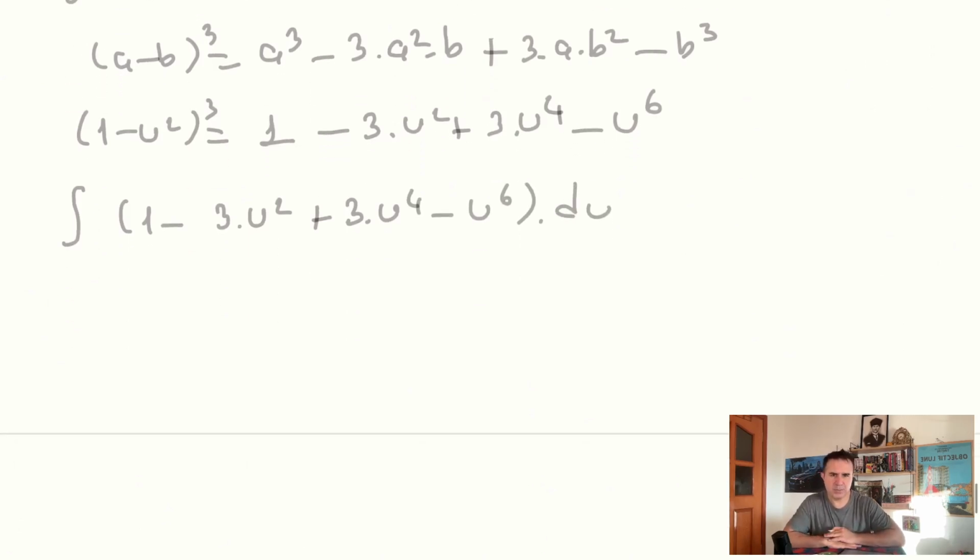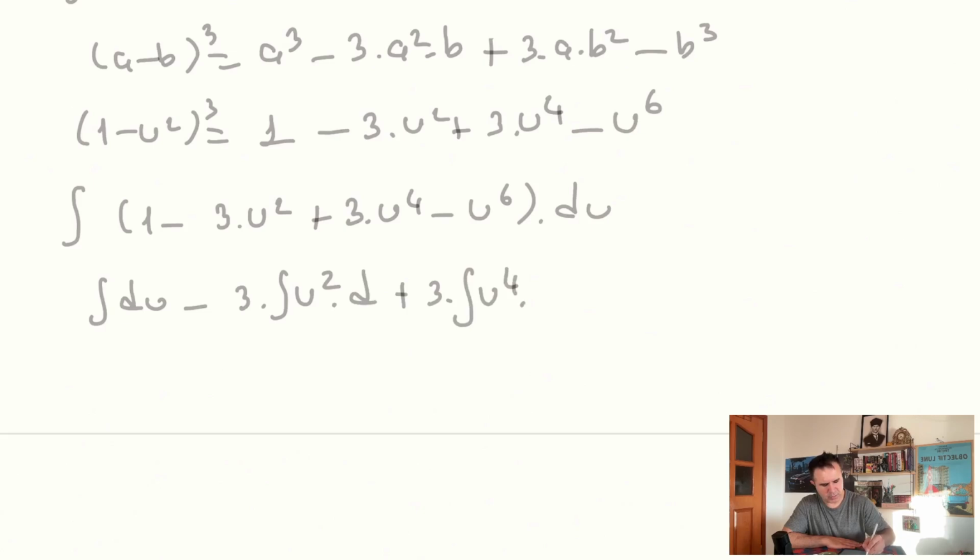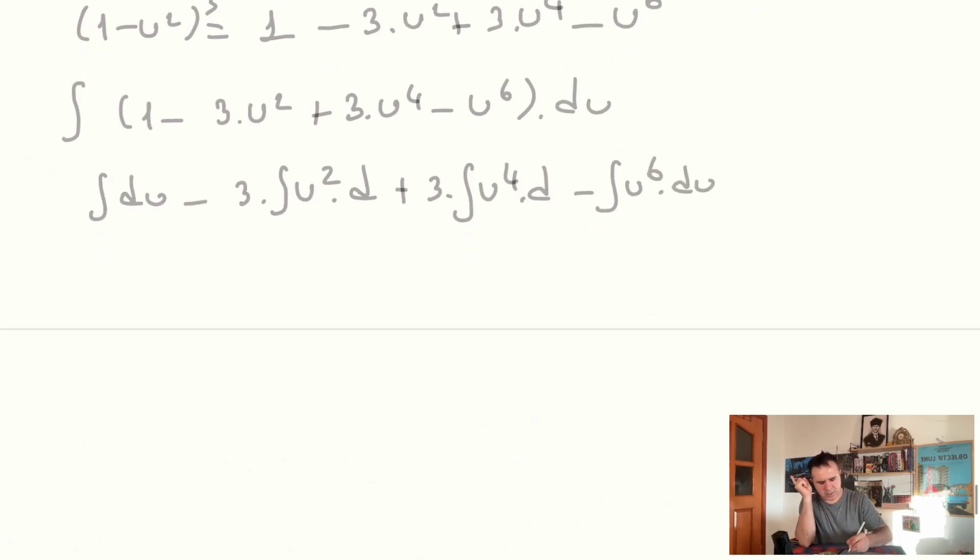And I will break down the integral into 4 different parts. The integral is the integral of du minus 3 times the integral of u squared du plus 3 times the integral of u to the power of 4 du minus the integral of u to the power of 6 du. Now remember, if we have a function x to the n, its integral is found by adding 1 to the exponent and dividing by the new exponent. Now the integral of du is equal to u, minus 3 times the integral of u squared: we add 1 to the exponent and divide by the new exponent.